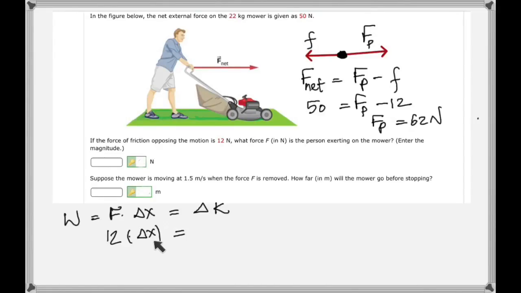The work done here is 12 times delta x, because when you remove the force, the only force acting on it is friction, and so friction is the one that is stopping it. So the frictional force multiplied by the displacement would give you the change in kinetic energy, which is 1/2 mass times velocity squared. And then when you do the calculations, you get 2.06 meters.